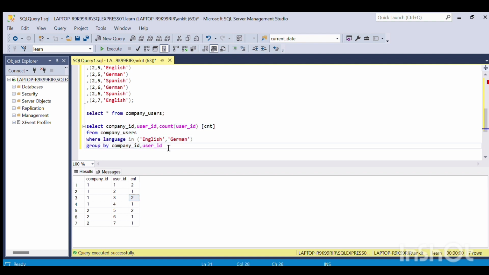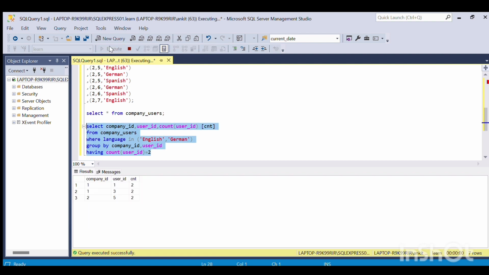Now I will put here having count user ID is equal to 2. So we are getting this.